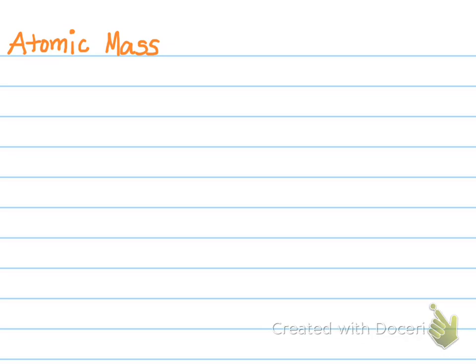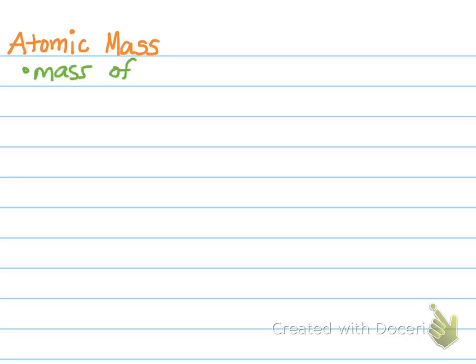What we're talking about is, where do those big long decimal numbers for the elements on the periodic table, which most periodic tables call atomic weight, come from? And what do they represent?